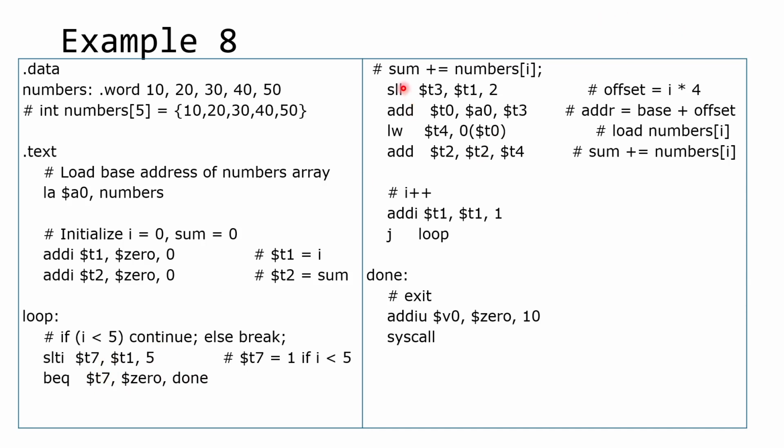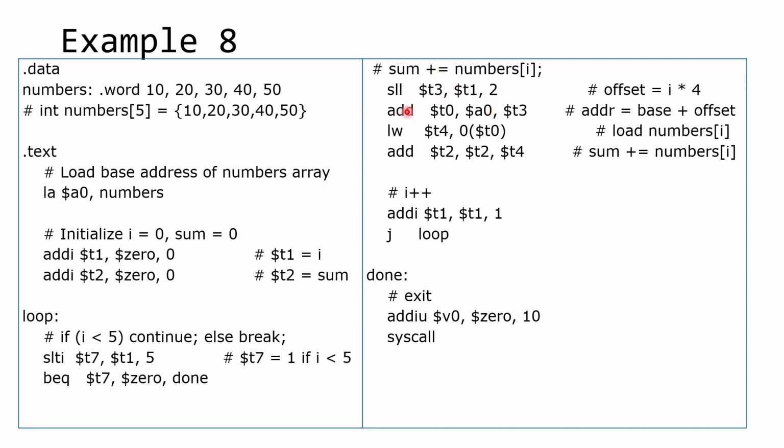So we will continue with the next line. Shift left logical $t3, $t1, 2: $t1 is i, we multiply by 4 and put it inside $t3.